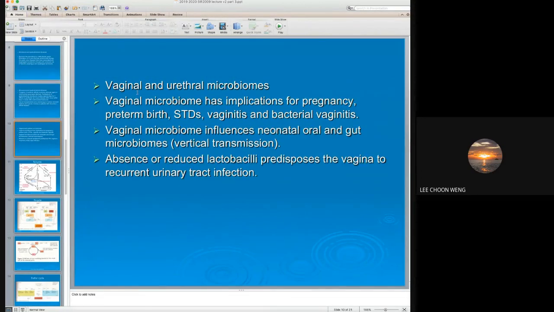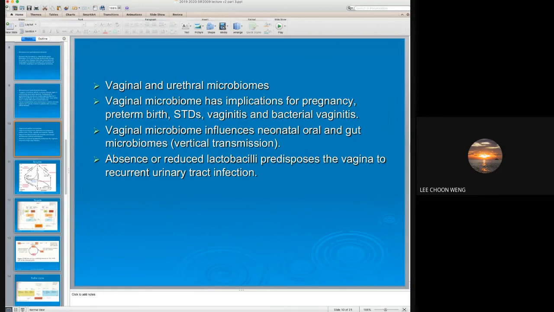Finally, vaginal and urethral microbiomes. When they studied the vaginal and urethral microbiomes, they found that the vaginal microbiome has implications for pregnancy, preterm birth, sexually transmitted disease, vaginitis, and bacterial vaginitis.